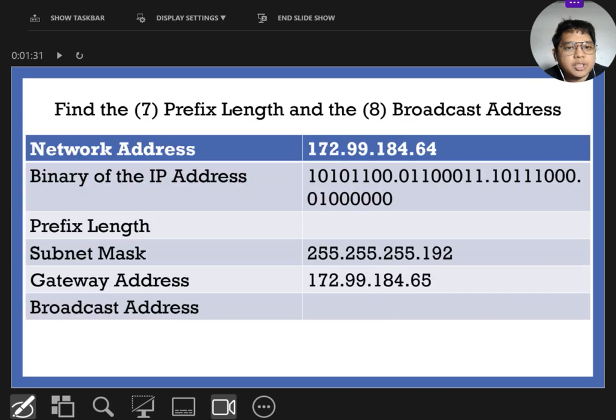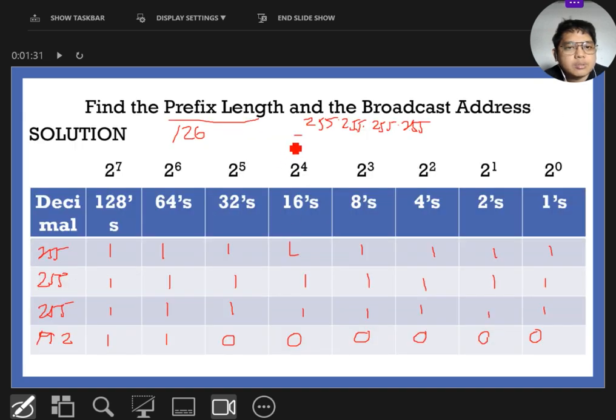Our subnet mask here is 192. So subtract: 255 minus 0, 0, 0, and 255 minus 192, we have 63.